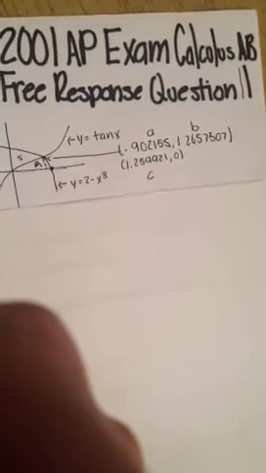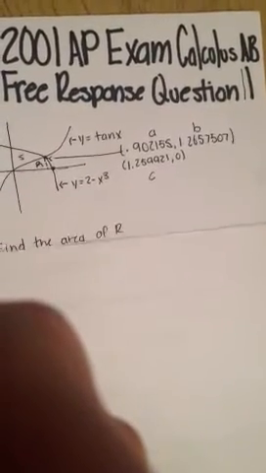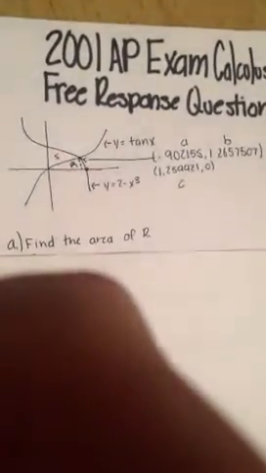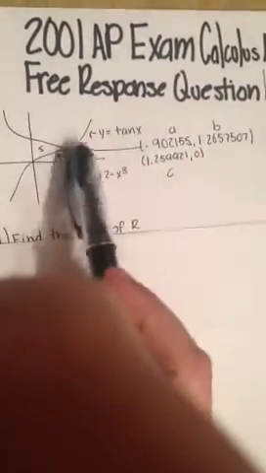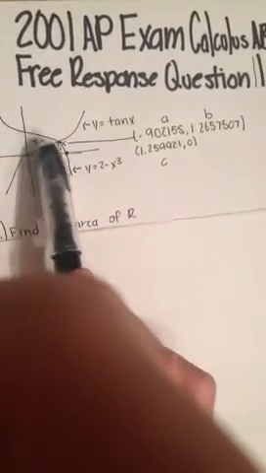And for the first bullet point of the free response, it says find the area of R. I'm going to show a quick sketch I did. And as you see, R is bounded by different equations, so it has two different tops.